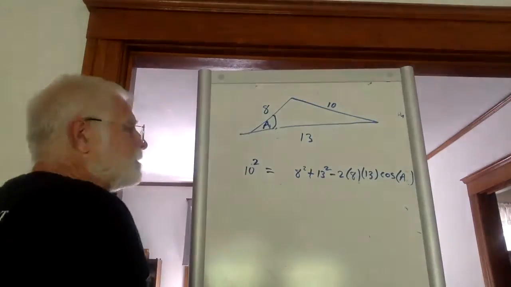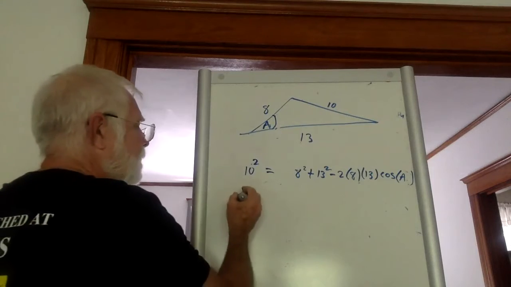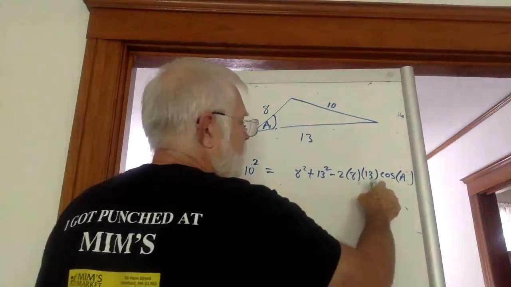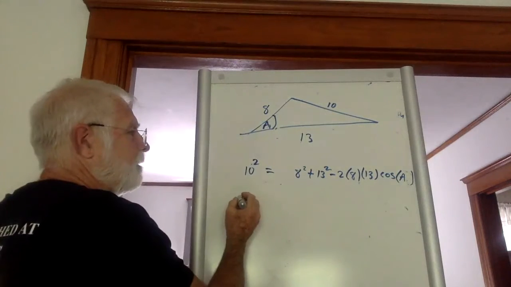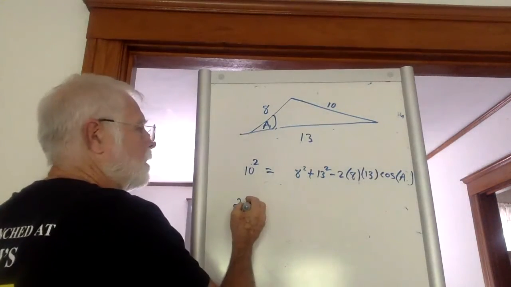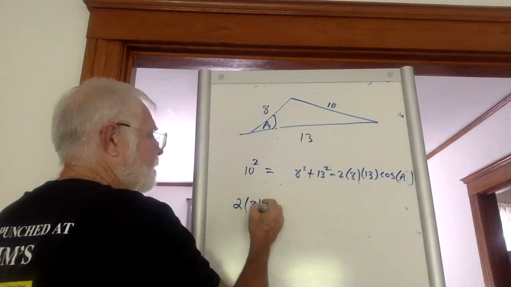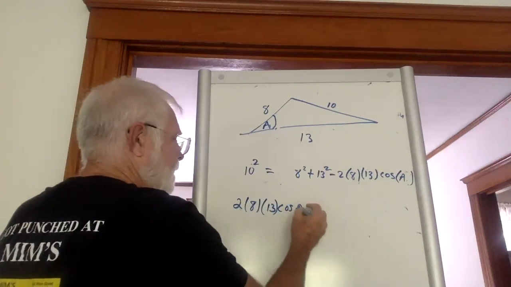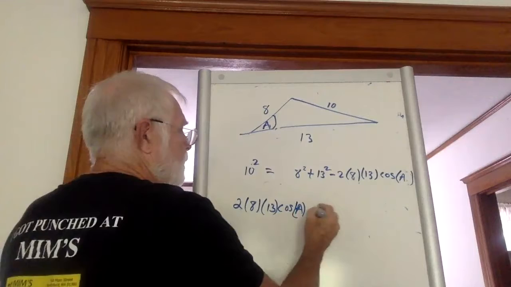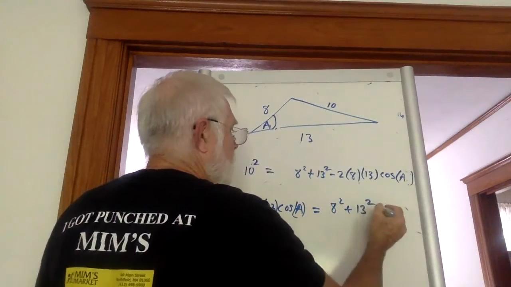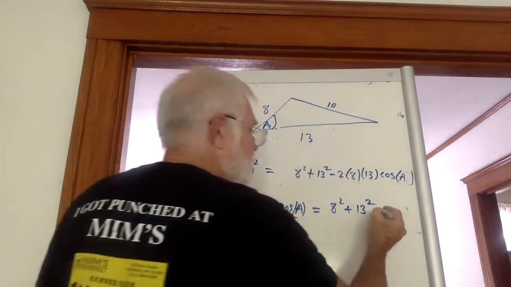I like to change the sign of everything. So I'm going to move minus 2, 8, 13 cosine A to this side, make it positive. I always like to work with positive variables. 2 times 8 times 13 cosine of A is equal to 8 squared plus 13 squared minus 10 squared.